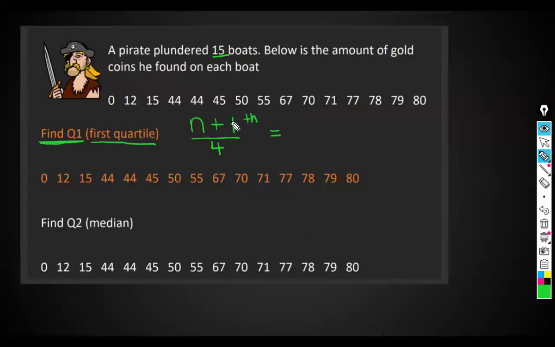Can you all work this out for me? N in this question is 15. So say 15 plus 1 and divide it by 4 and put a TH by it. Once again, this formula doesn't give you the value of the first quartile. It will just tell you where it is sleeping or hiding.